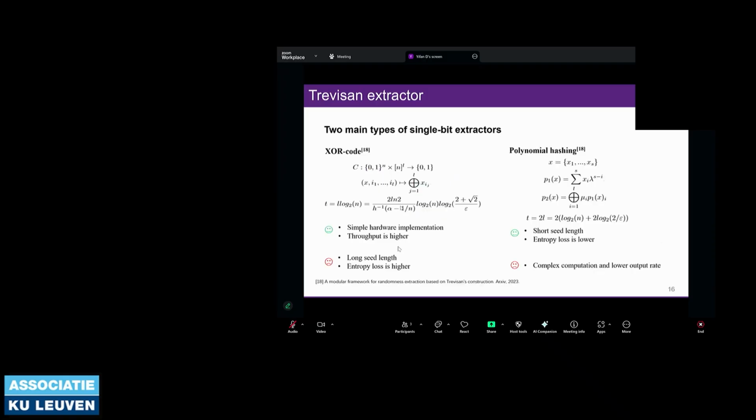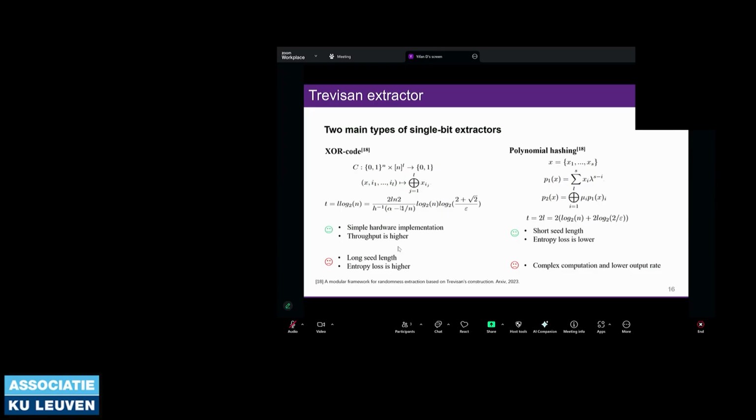The two dominant single-bit extractors available are XOR code and the polynomial hash. XOR code is very simple, which selects L bits from the input according to the random seed and performs bitwise XOR to get the output. Polynomial hash has two-stage extraction.